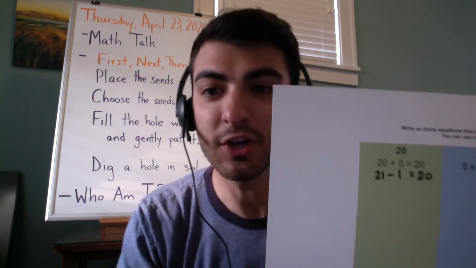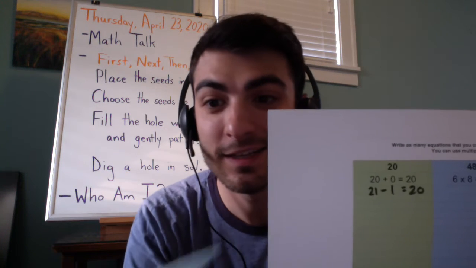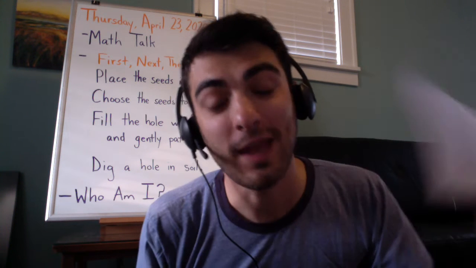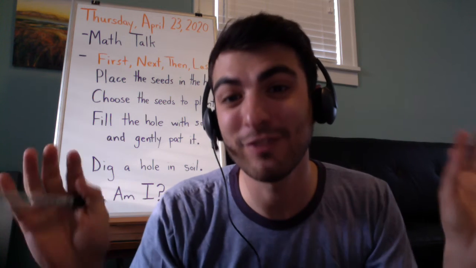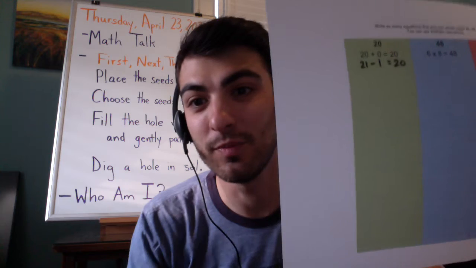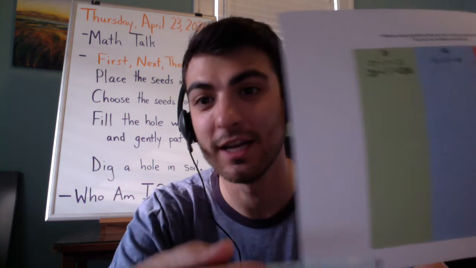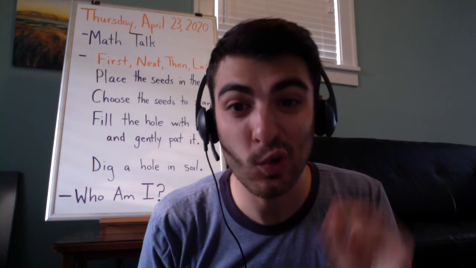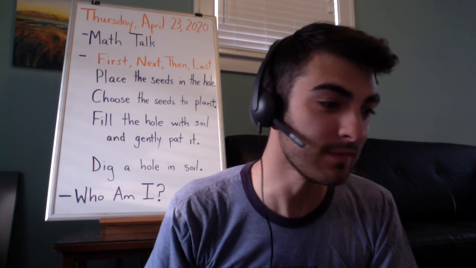And so you're going to try to come up with as many equations as you can, which will equal 20. And let me tell you, there are going to be infinite possibilities. If you really challenge yourself, you would be able to fill every single line on each of these columns with different equations, because there will be no shortage of them.